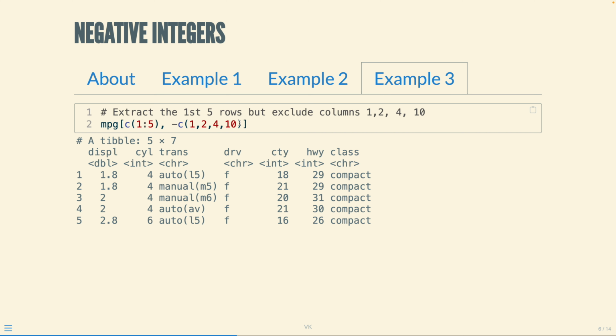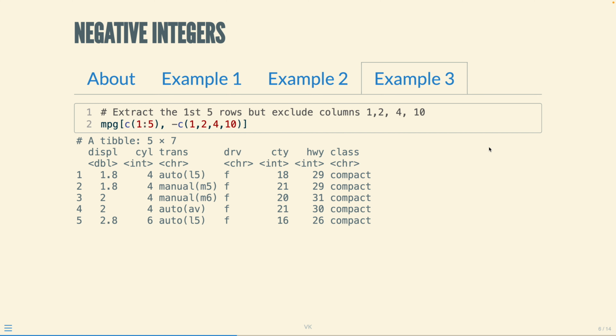So we're excluding columns 1, 2, 4, and 10, and that's why you don't see manufacturer in the first column or the model in the second column, because those 2 are skipped. At least those are the ones we remember from before.